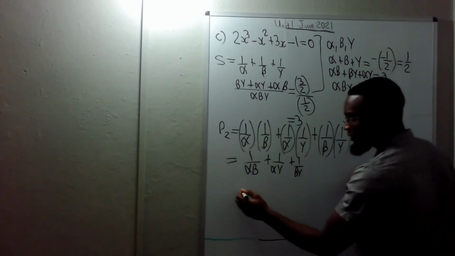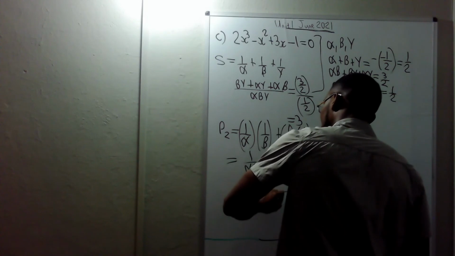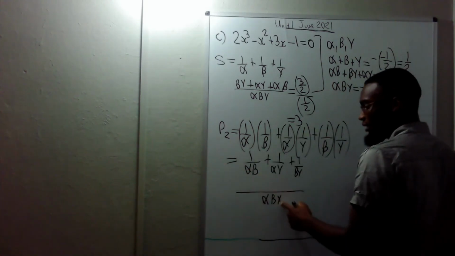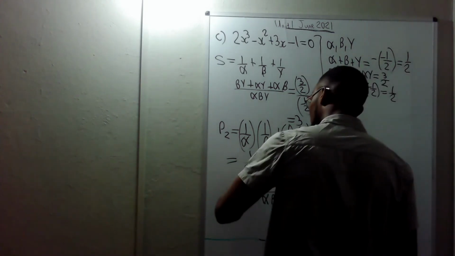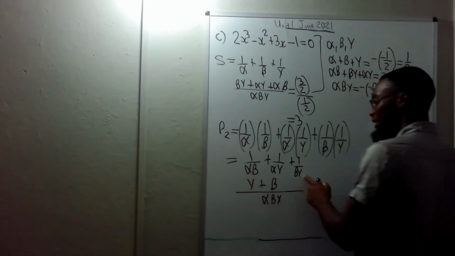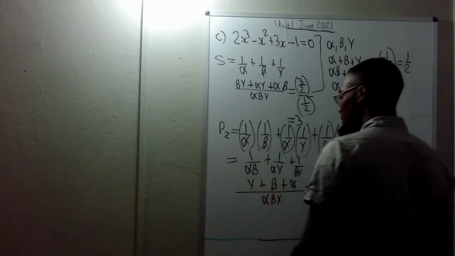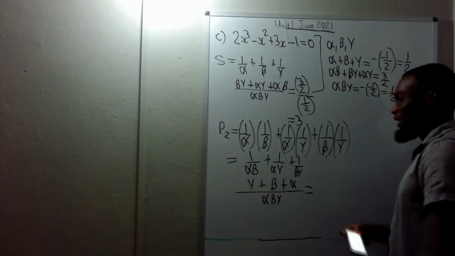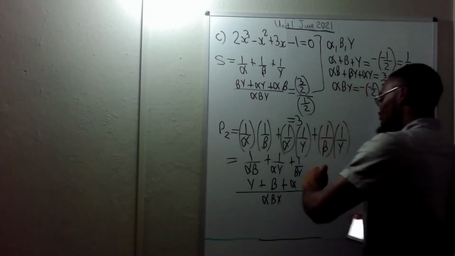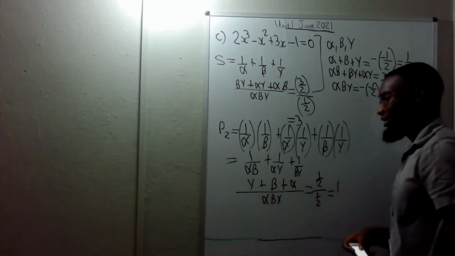So we can find the LCM. The LCM is, of course, alpha beta gamma. Alpha beta into this leaves gamma, plus alpha gamma into this leaves beta, beta gamma into this leaves alpha. Alpha plus beta plus gamma is a half, and a half over a half is 1.